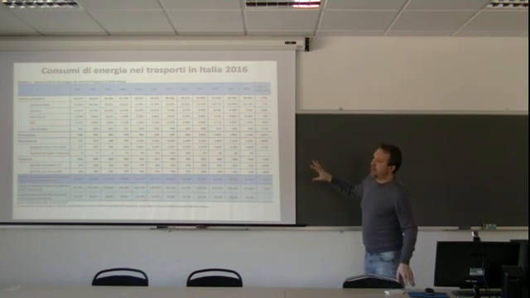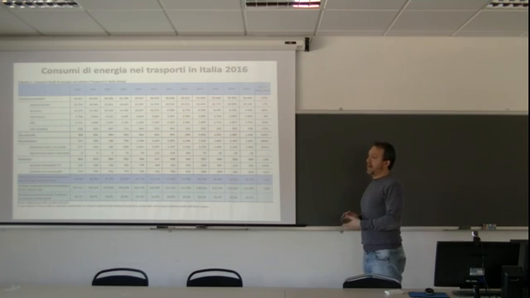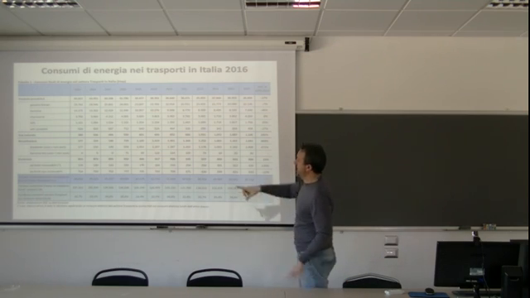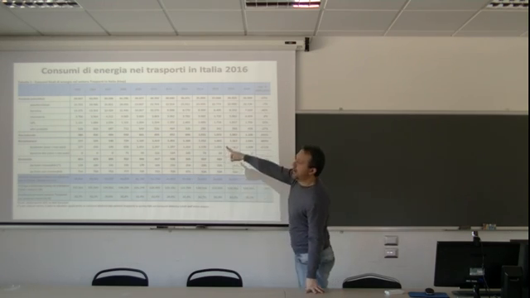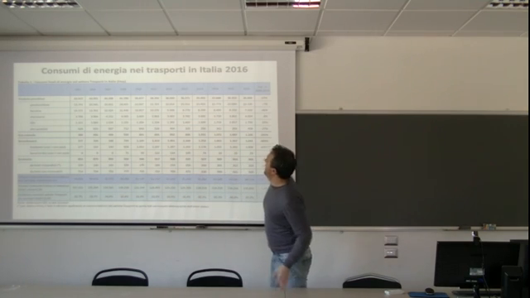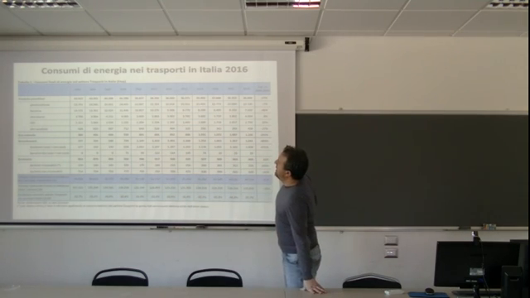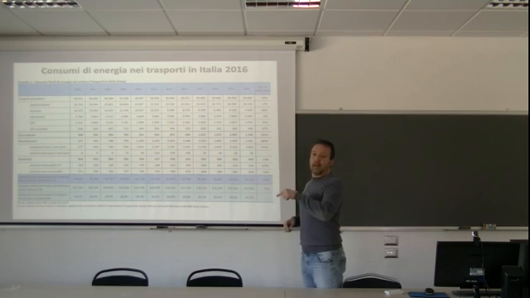This is a table that shows the situation in the transport sector. So we have spoken mainly about energy consumption, mainly about electricity consumption. This is the situation about the transport sector, and in the blue line you can see the total energy consumption in Italy for the transport sector, and we are at 44 megatoe, okay, million tons oil equivalent.